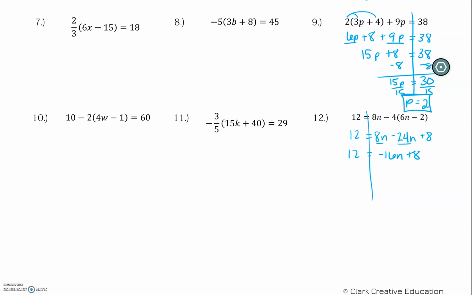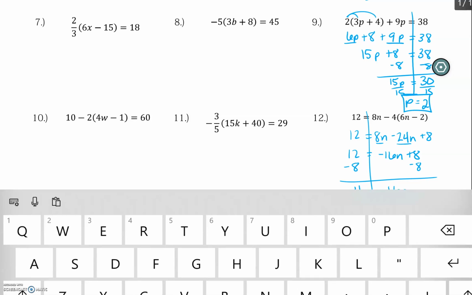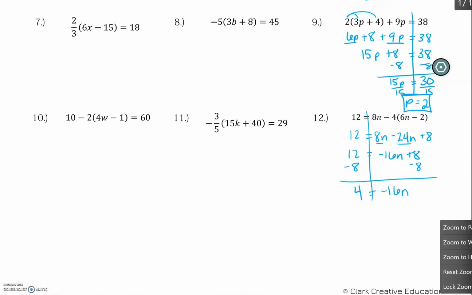What's my next step? Subtract 8. And we get 4 equals negative 16n. And what's my next step? Divide by negative 16.